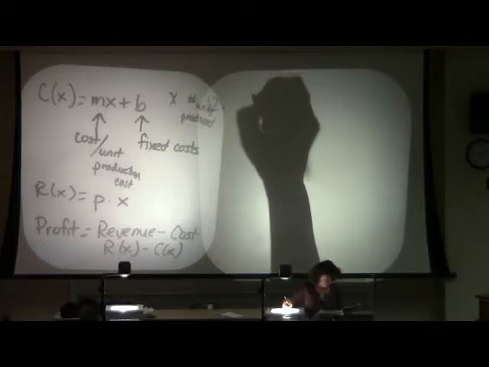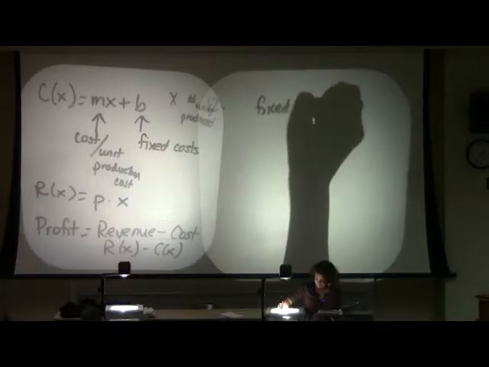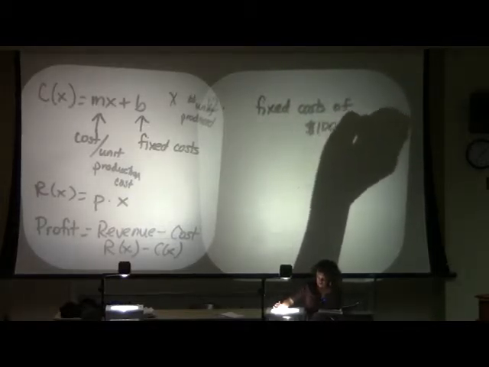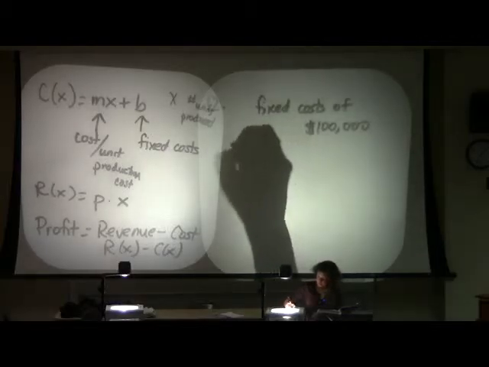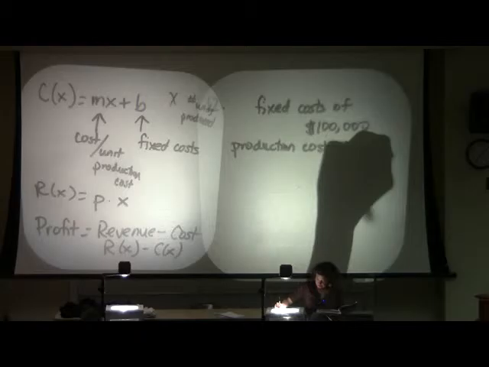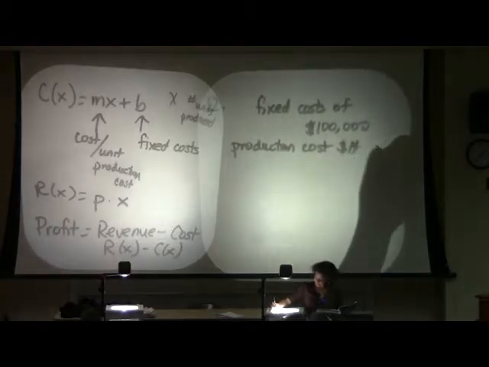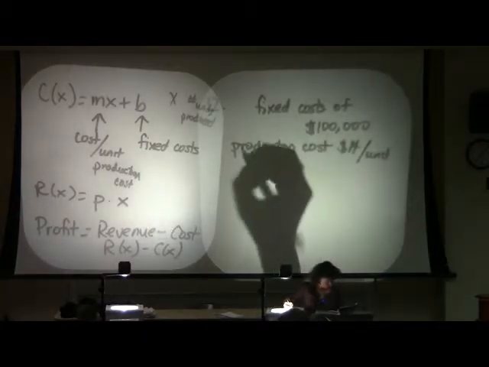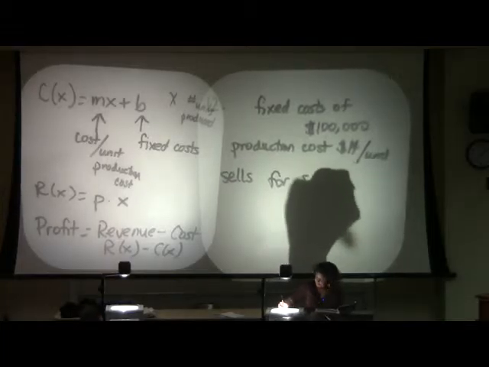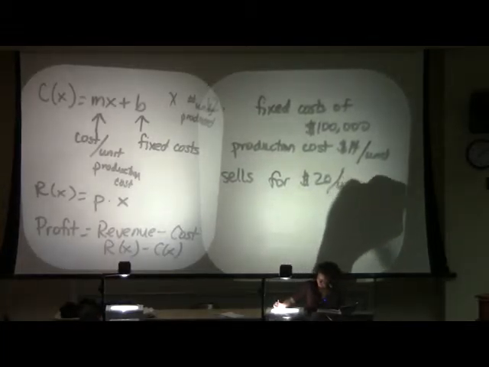Suppose a manufacturer has a monthly fixed cost of $100,000 and a production cost of $14 per unit. And suppose the product sells for 20 bucks per unit.